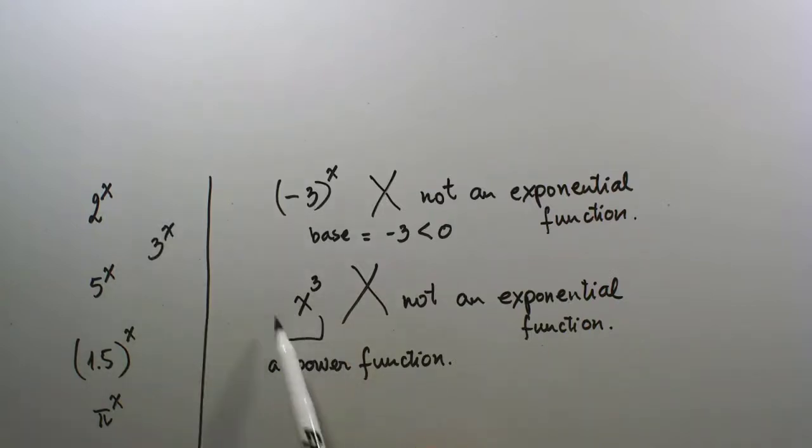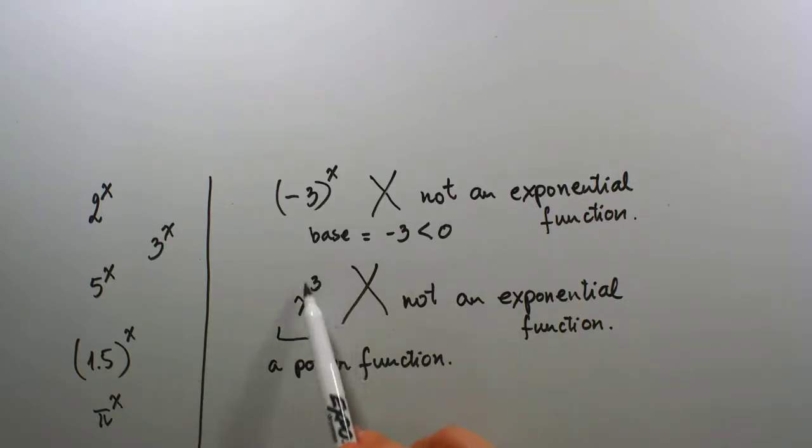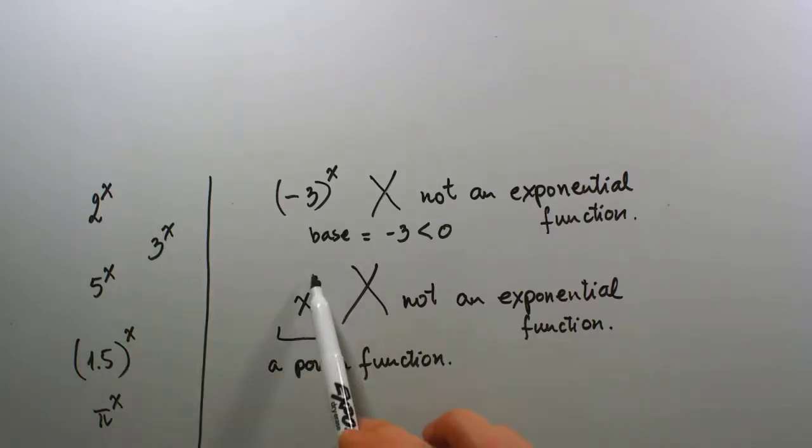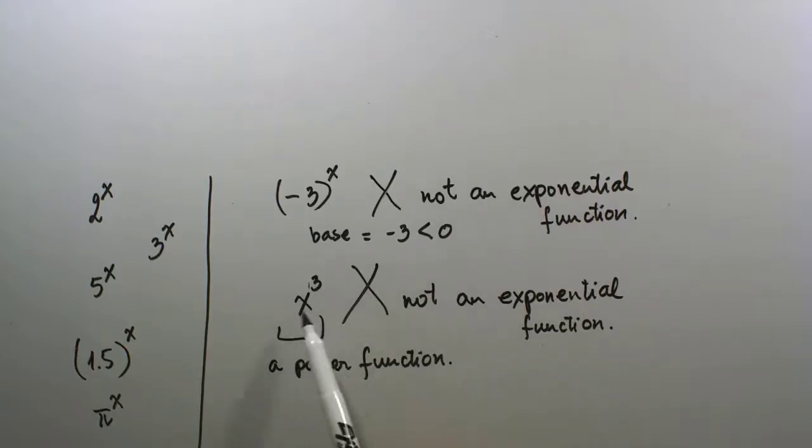Whereas here in this function, I call it a power function because the variable is being raised to a fixed power. Here it's a variable power. This is a constant fixed power. The base is the value that's being changed depending on the value of the variable. So this function here is called a power function instead of being an exponential function.